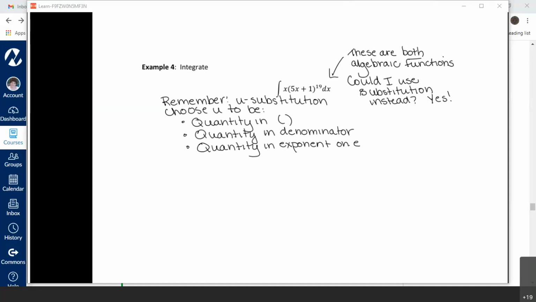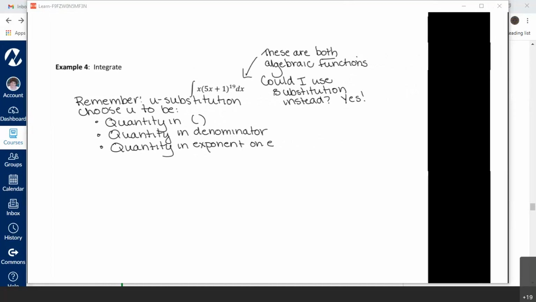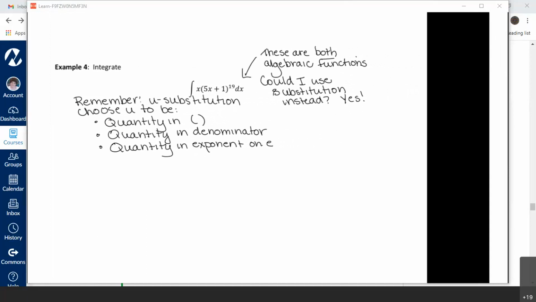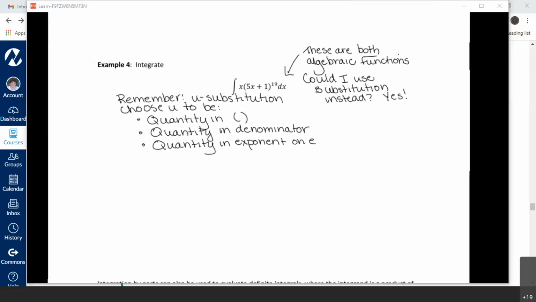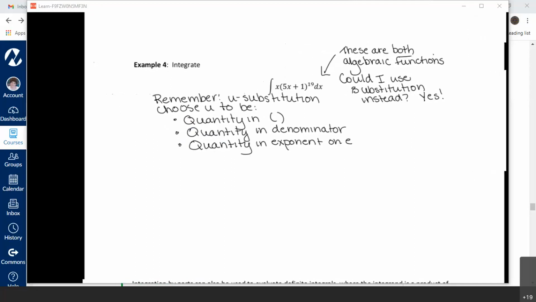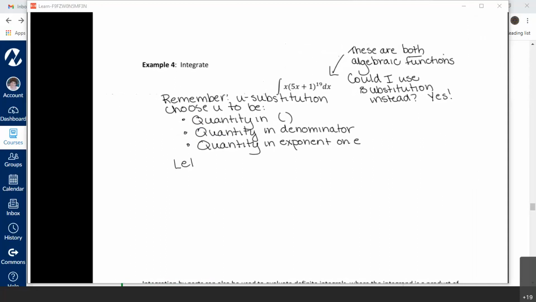Basically these are your rules of thumb for using substitution. So that tells me I'm going to let u be 5x plus 1.